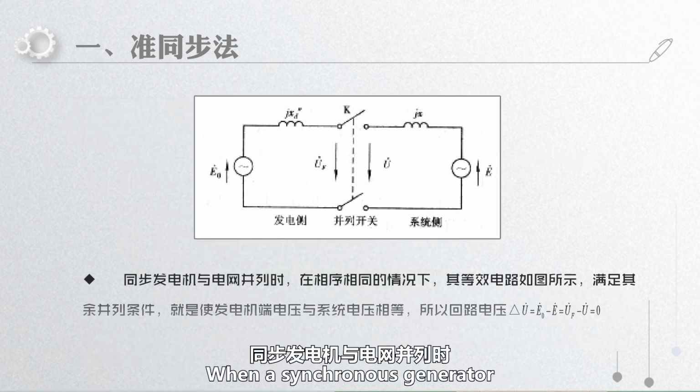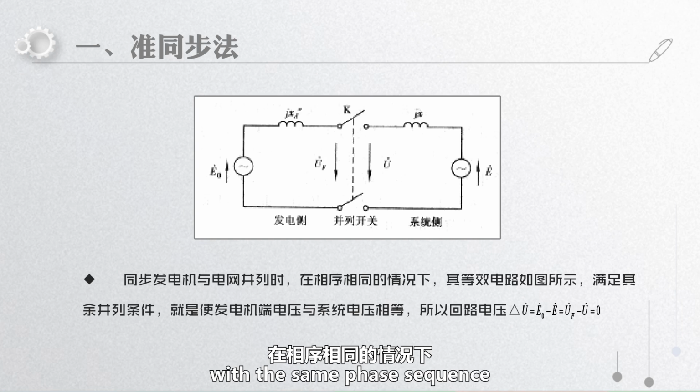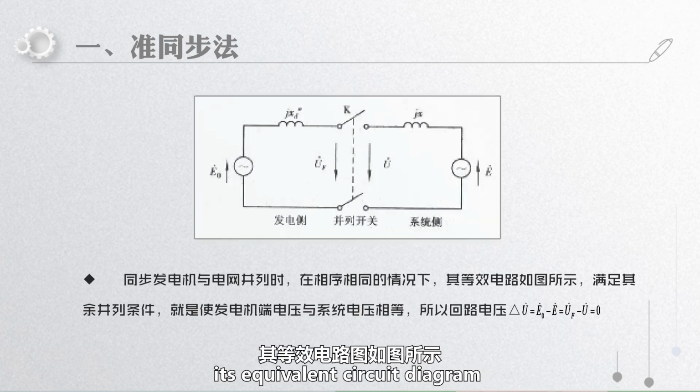When a synchronous generator is paralleled with the grid with the same phase sequence, its equivalent circuit diagram is as shown in the figure.